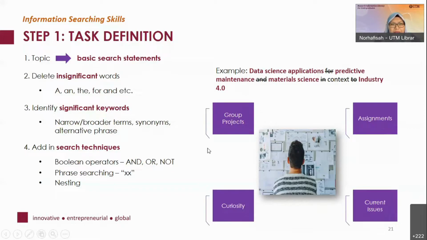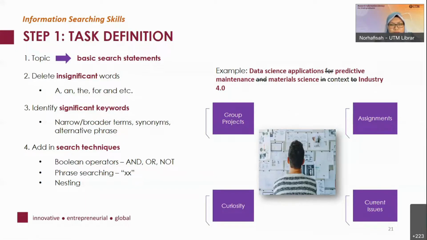We have the topic now, and second, you must remove the insignificant words. For example, in this topic I don't want the for, in and to. We delete the insignificant words. Next, we identify the significant words, the keywords.